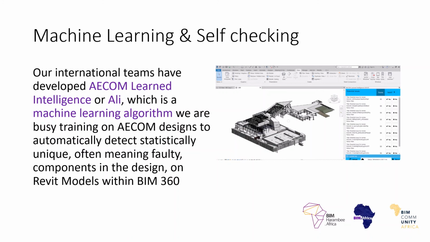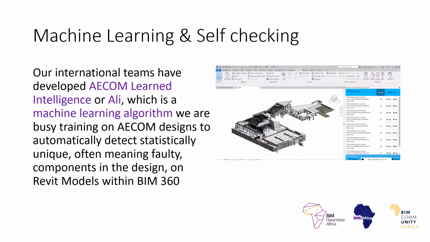So it's essentially an automated self-checking tool. Still definitely very early days with machine learning and with Revit models. To me, it's more of a proof of concept really at this stage. But definitely that is where we're heading.